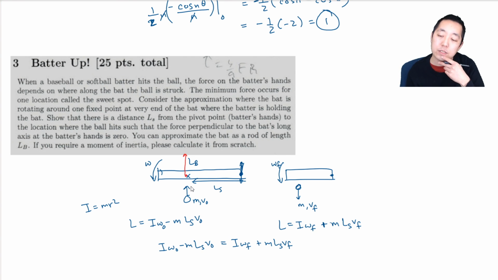That's fine. That's one relationship we can have. So, conservation of angular momentum. Now, is there a point that you could solve for that? You would have to know a lot of things to reason that out.